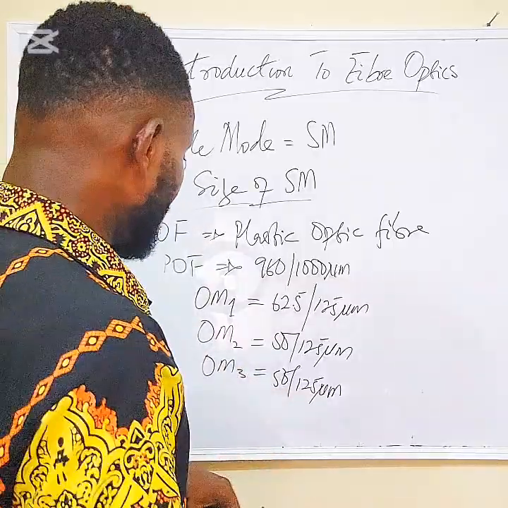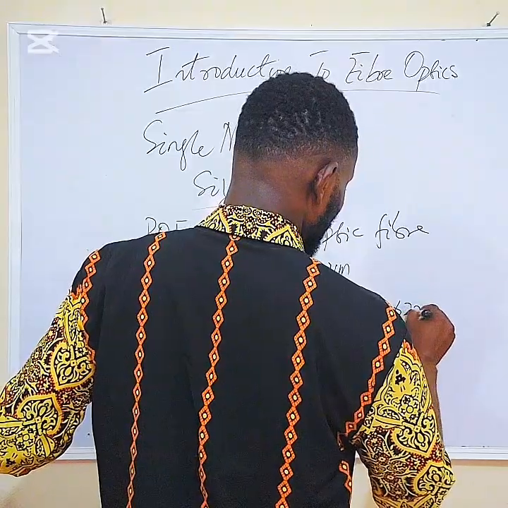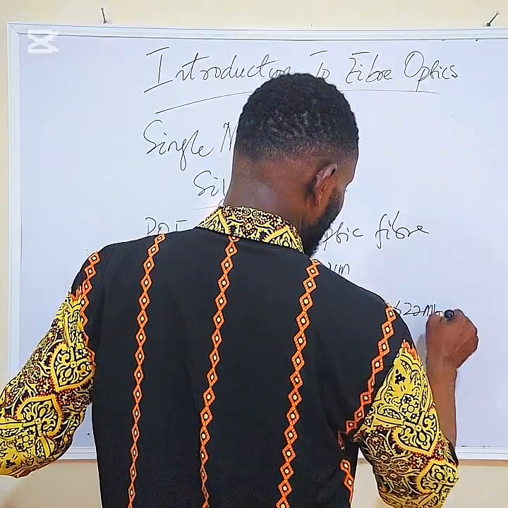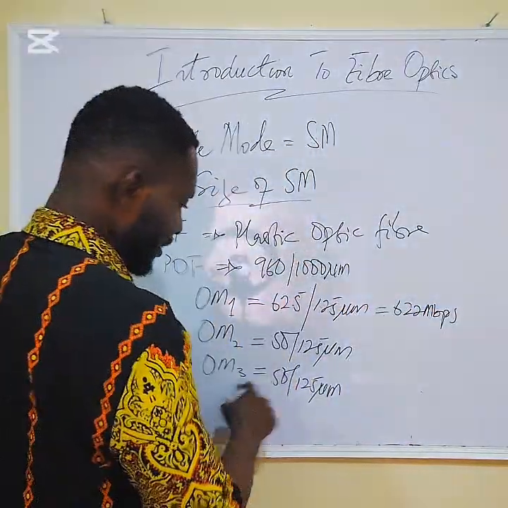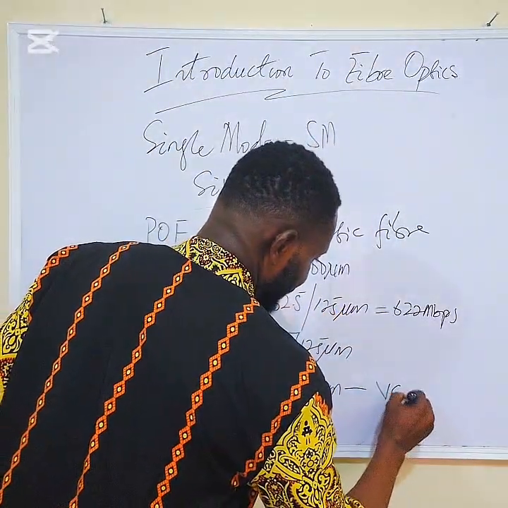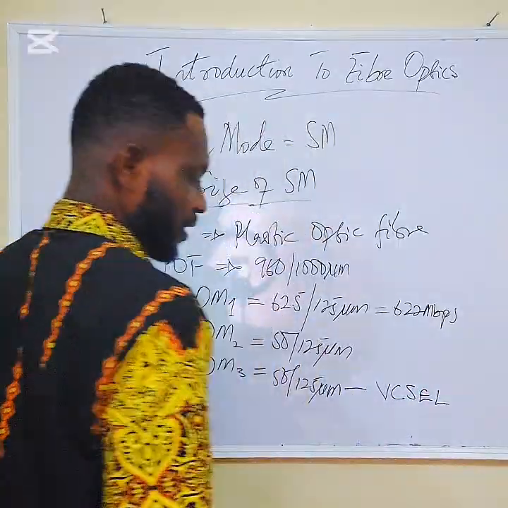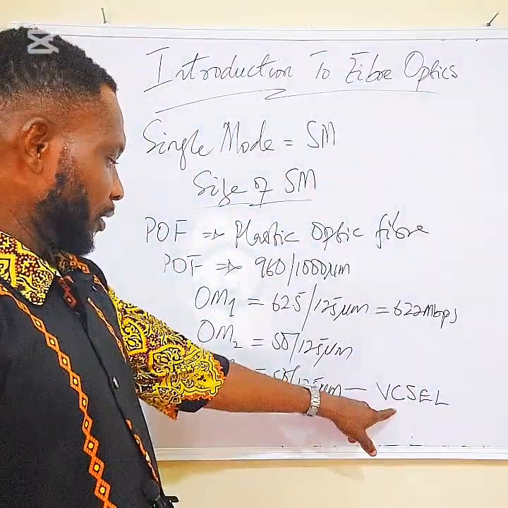And so you notice that this can carry about 6 to Mbps in speed. And this is what we call vertical cavity surface emitting laser, VCSEL.